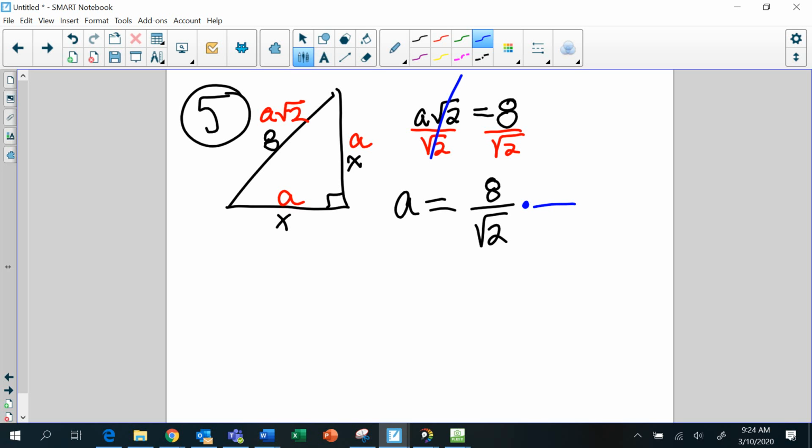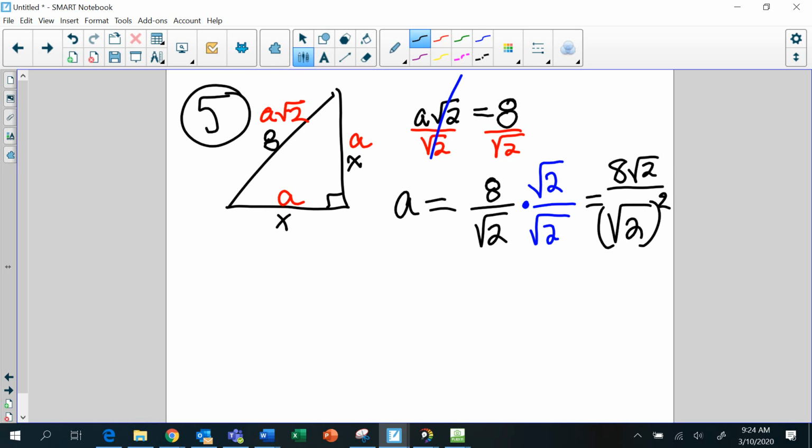We're going to multiply by something that is exactly the same on top and bottom, so it's like multiplying by the value of 1. On the bottom, it's going to make square root of 2 times square root of 2 turn into square root of 2 squared, which is what we were doing yesterday a bunch.